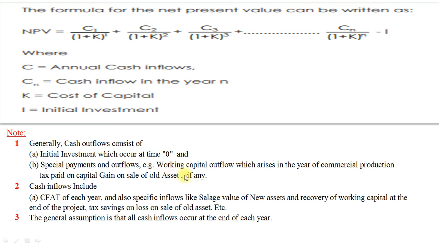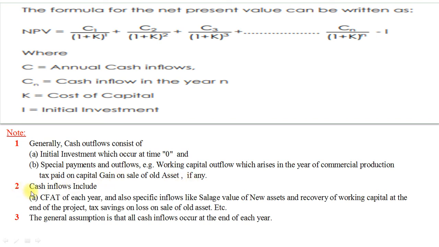So dear students, cash outflow consists of these things, that is initial investment in the project as well as working capital investment in the project, plus tax paid on capital gain on sale of old assets.